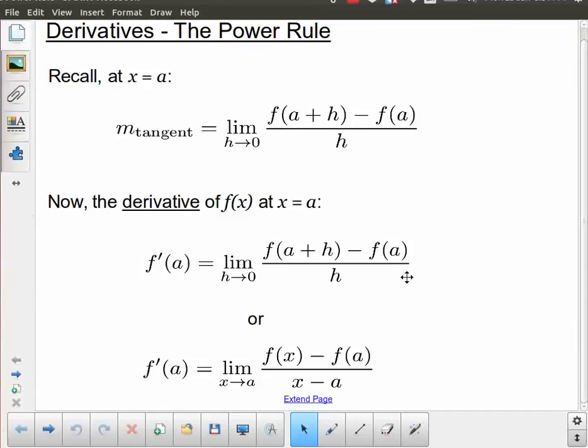So these two are equivalent expressions. There's no difference between them. Sometimes we prefer to use one over the other because one might be more convenient, but they are absolutely equivalent forms when it comes to expressing the rule for a derivative, which is the exact same rule for the slope of the tangent, which is the exact same rule for the instantaneous rate of change.